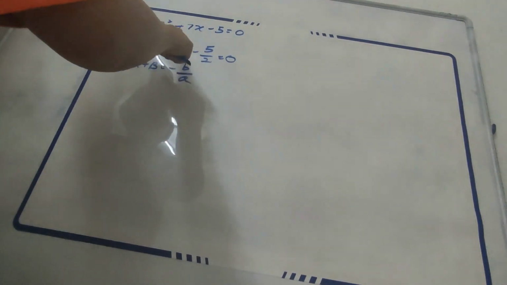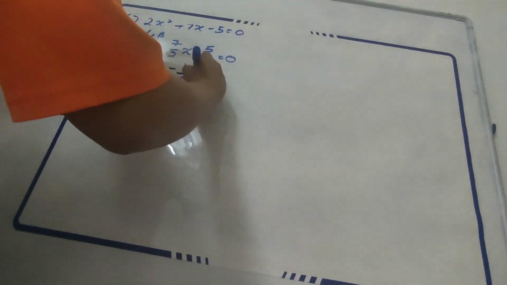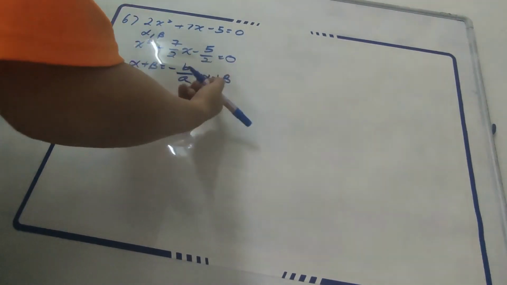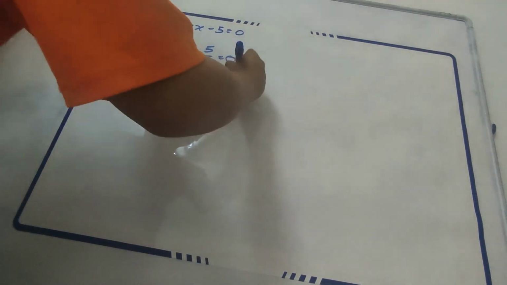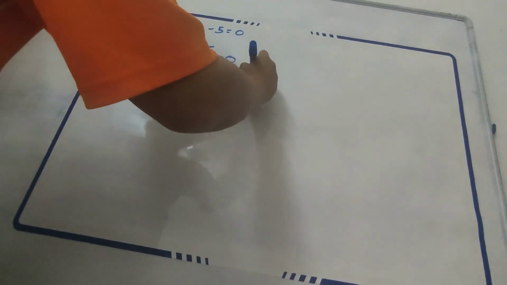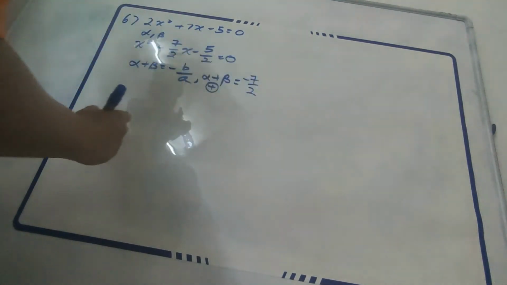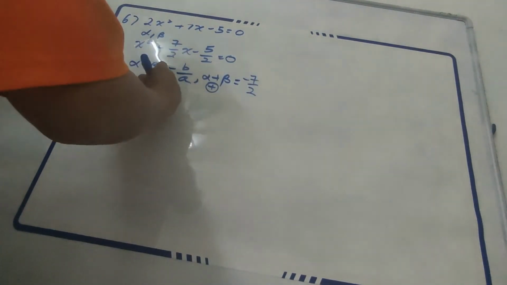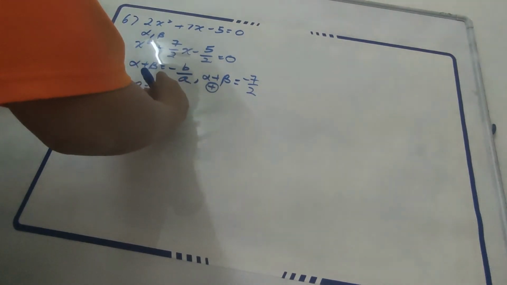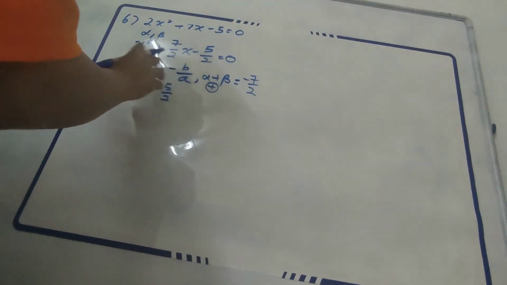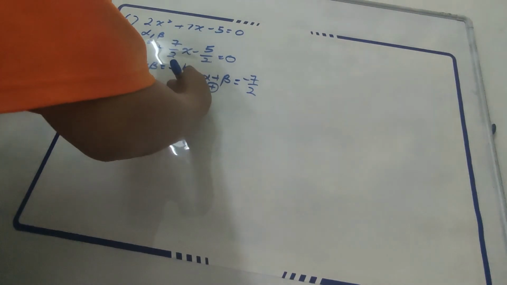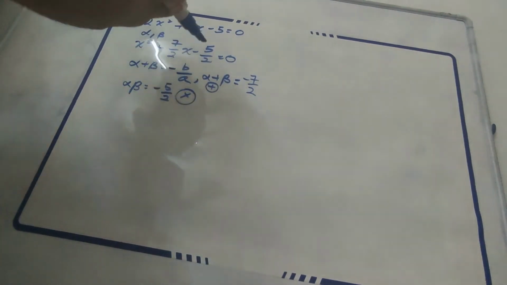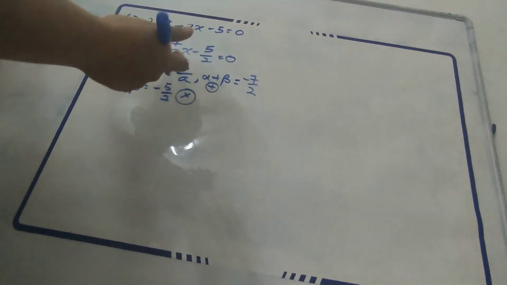So this is b, this is a. So your alpha plus beta, the sum of the roots, is equal to minus 7 over 2. And then the product of the roots is minus 5 over 2. The product of the roots is normally the easier one.